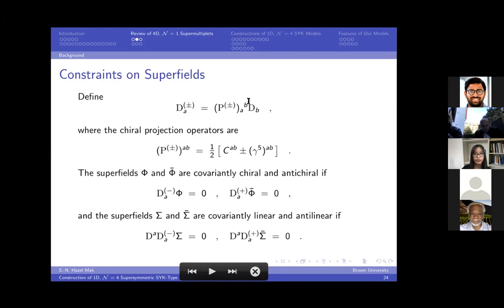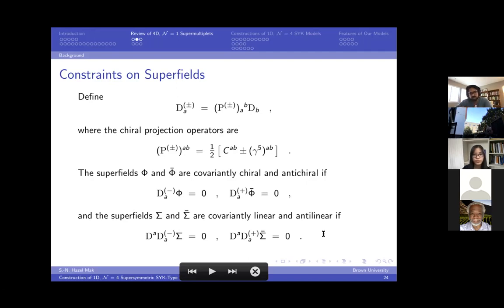And this is a chiral projector, so you can add on the supercovariant derivative. We say a superfield is covariantly chiral when it satisfies this constraint, and it's antichiral when it satisfies this constraint. We can also say this superfield is complex linear when it satisfies this quadratic constraint.